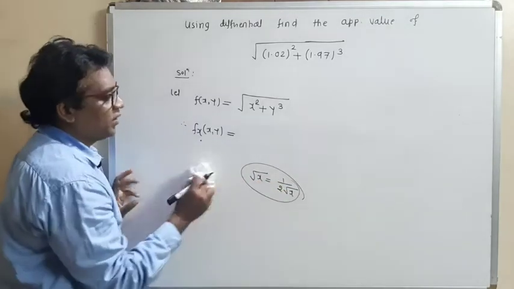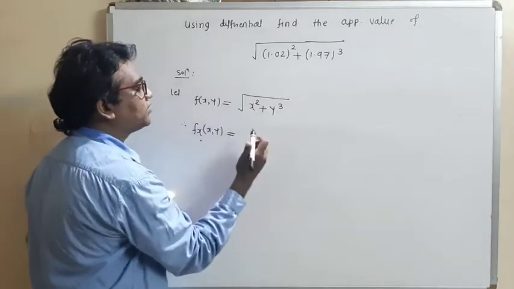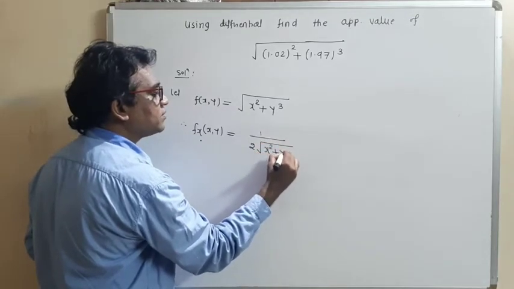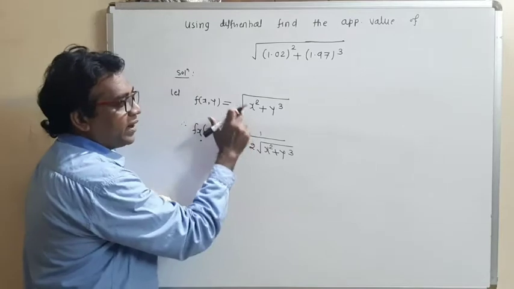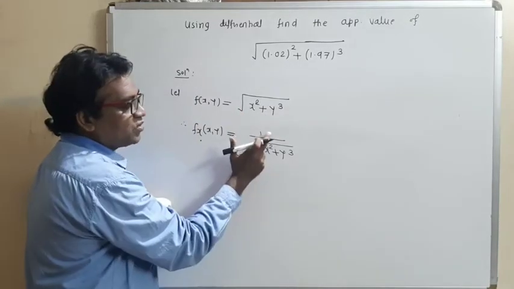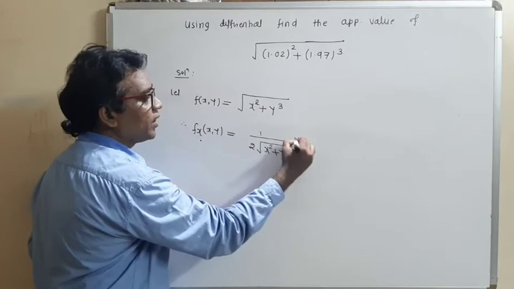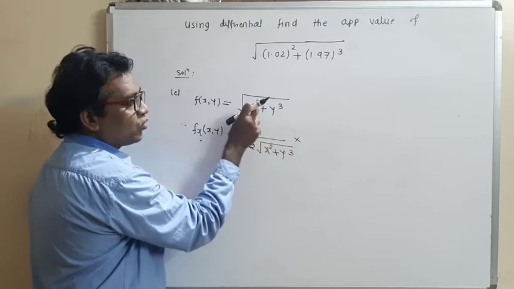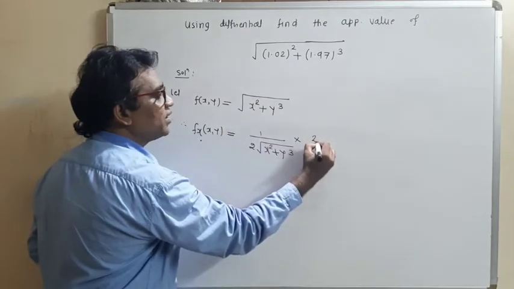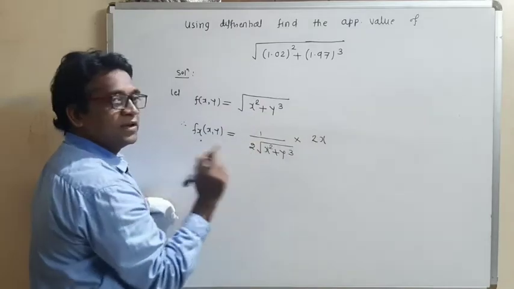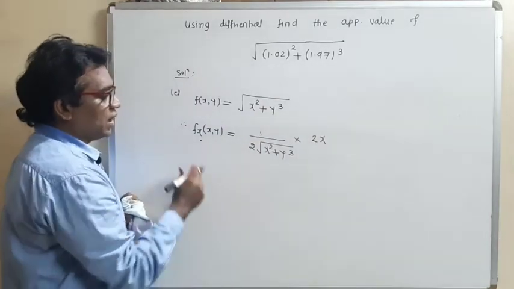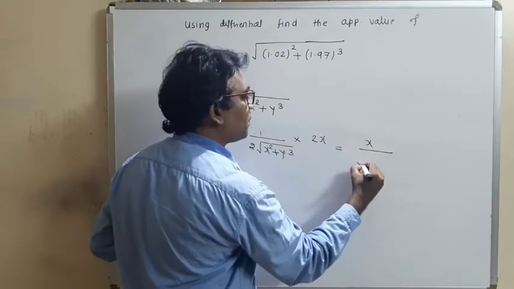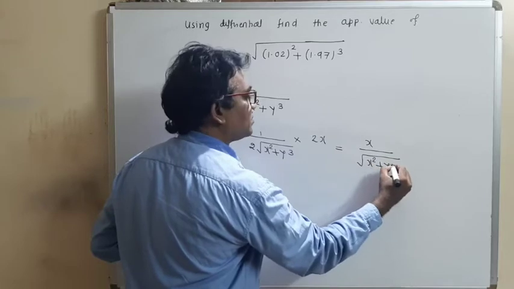So the derivative of the square root function is 1 upon 2 under root x square plus y cube, into, according to chain rule, the derivative of the inner function. The derivative of x square is 2x, and the derivative of y cube will be 0. So this is our function fx at xy. Just cancel this 2. The remaining term is x upon under root x square plus y cube.